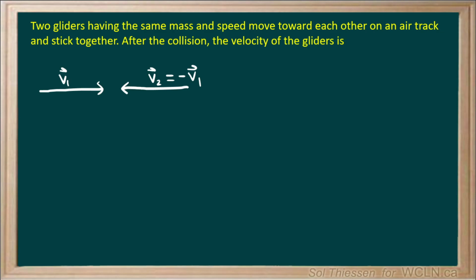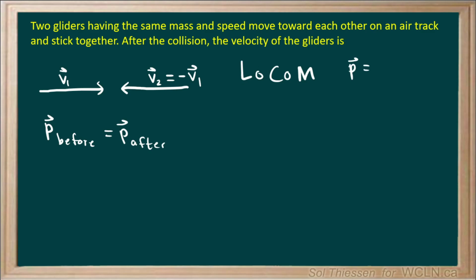So to solve this problem, we need to employ the law of conservation of momentum, which tells us that the momentum of a system before an event, usually a collision, will be equal to the momentum of that same system after the event. Now we also know that momentum is equal to mass times velocity, and so the momentum of this system before the collision will be equal to the mass of the first glider, which we're told is the same as the mass of the second glider.